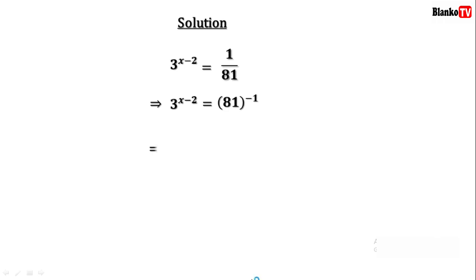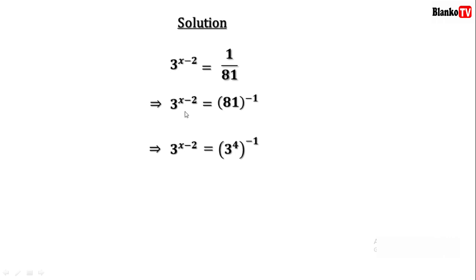Okay, so we have 3 raised to the power x minus 2 equals 3 raised to the power 4 raised to the power negative 1. As I told you earlier, we are writing the equation in such a way that we will get a common base at the left hand side and then a common base at the right hand side.